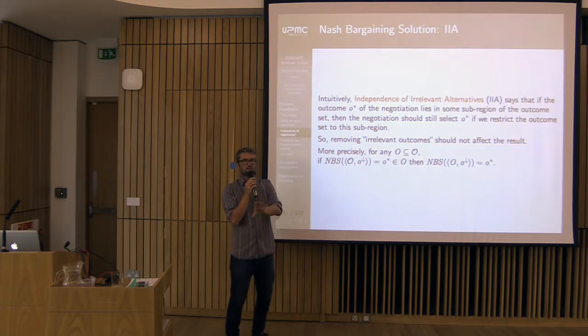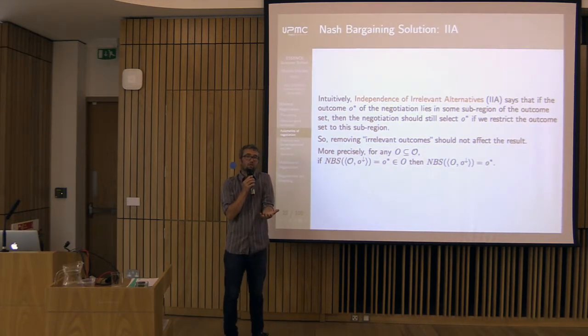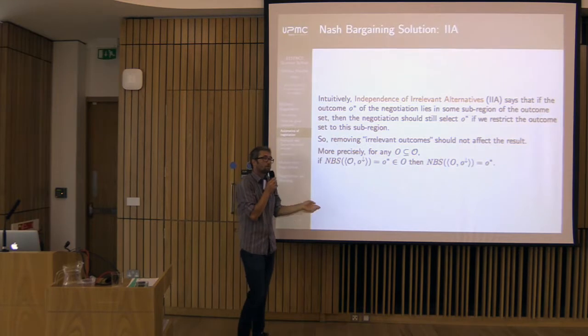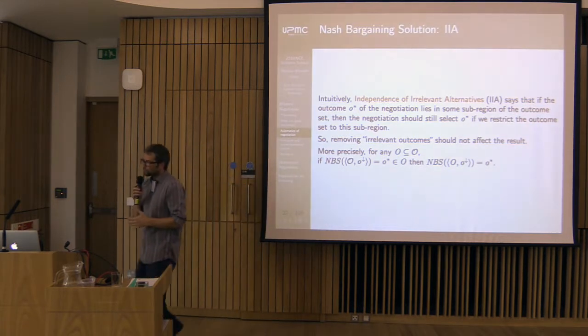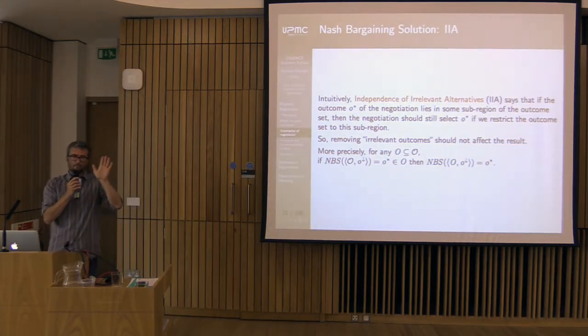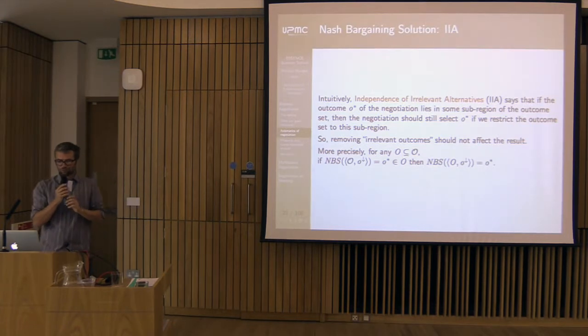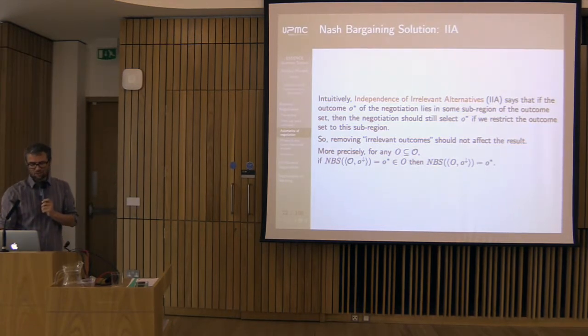So I just delete some outcomes which are irrelevant because they are not part of the region where the outcome set lies. Okay, this is controversial, and I'll say a bit more about that later.